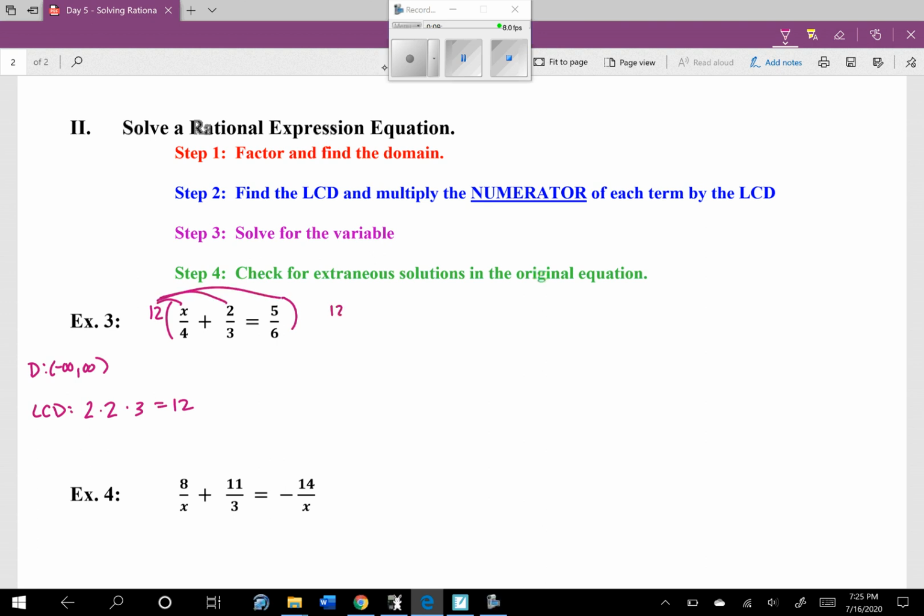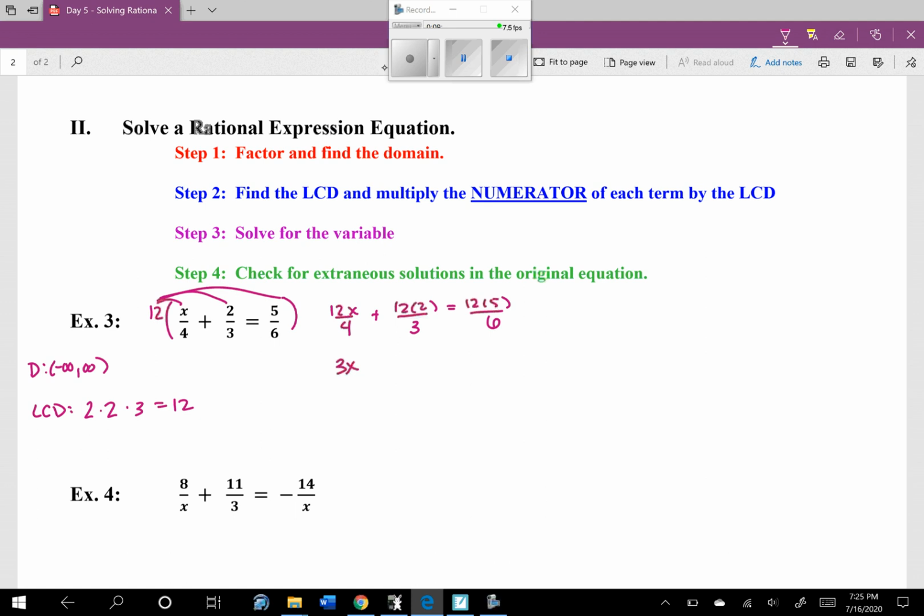So we get 12x over 4 plus 12 times 2 over 3 is equal to 12 times 5 over 6. And then we're going to start to reduce our fractions. So 12 divided by 4 is 3, so we have 3x here.